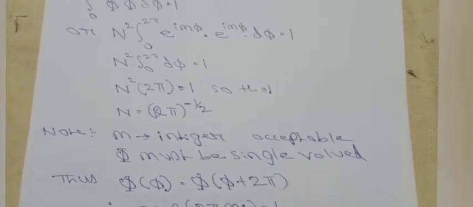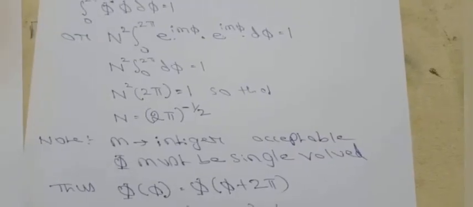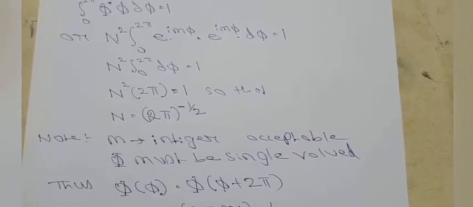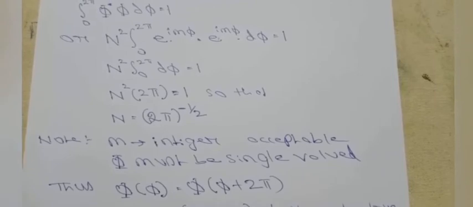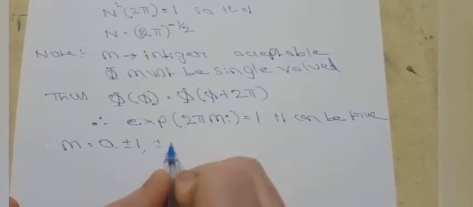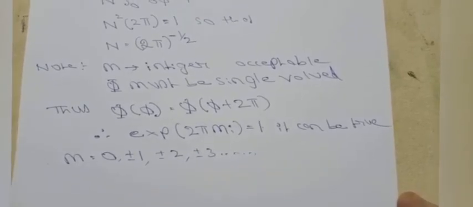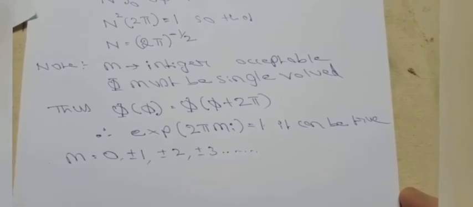Therefore the product of these two will become equal to 1, and this can be true only if m is equal to 0, plus or minus 1, plus or minus 2, plus or minus 3. So these should be the values of m.